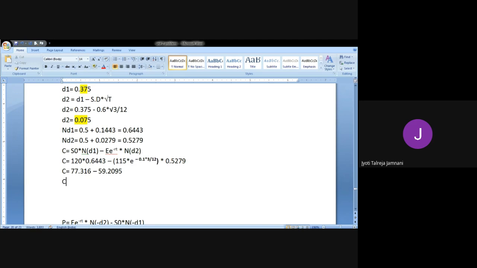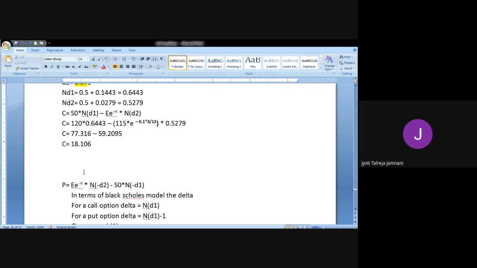So C will be equal to 77.316 minus 59.2095, 18.106. This is the value of a call option. All of you are getting this? Yes, ma'am. Now let's do it for put option.